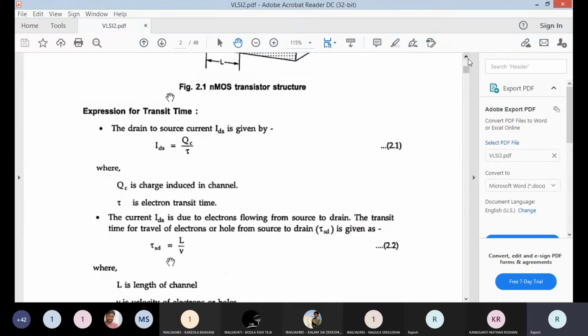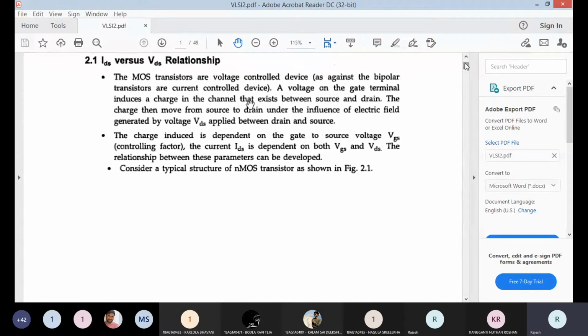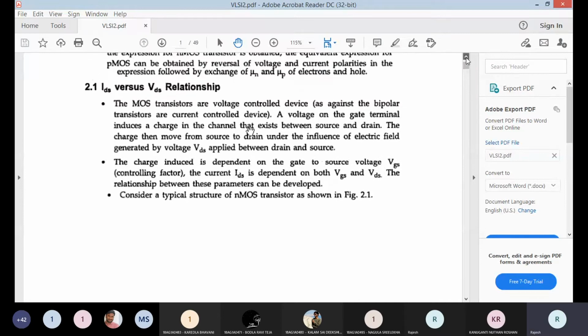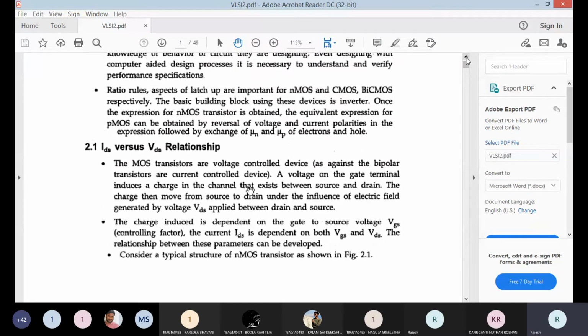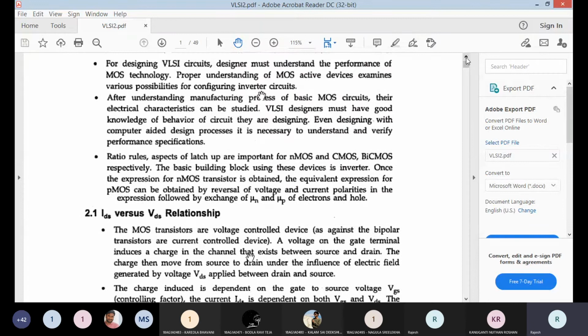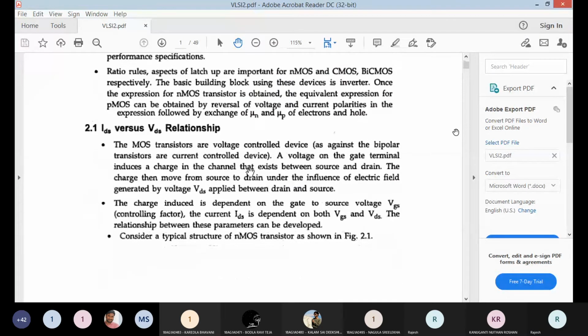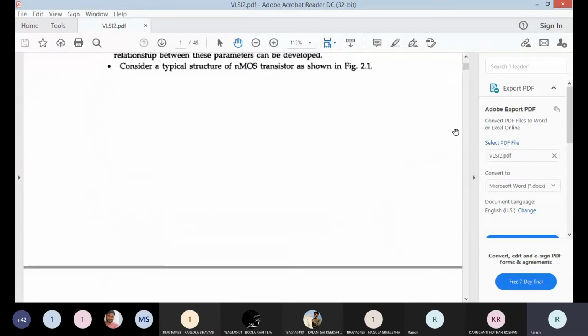So the first part of your basic electrical MOSFET is the ID versus VDS relation. We want to derive one relation for ID versus VDS. So the topic is ID versus VDS.